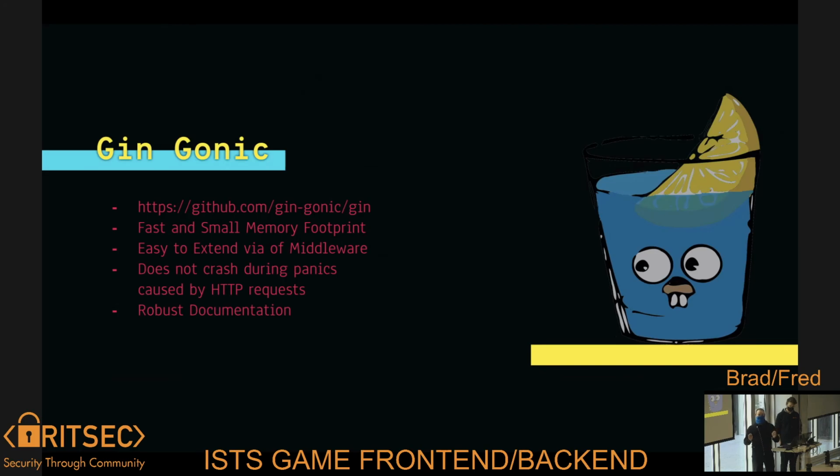Another nice thing is even if an HTTP request causes a panic while the process is running, it doesn't just crash your whole binary. It just keeps going, which is really nice when, for example, on our web app, we were using a SQLite file as our database backend.